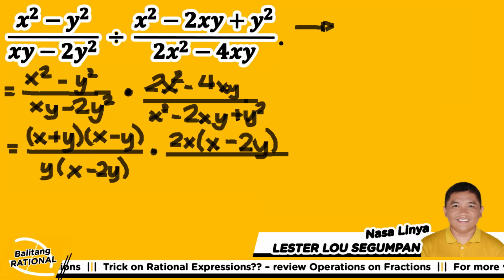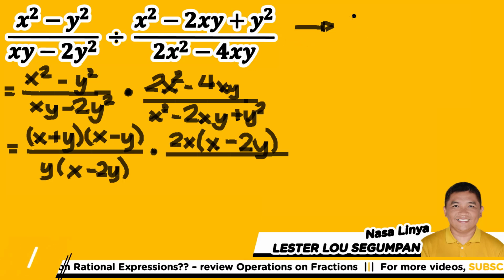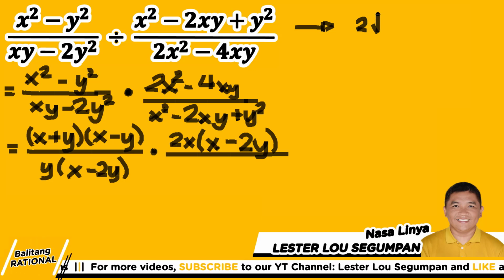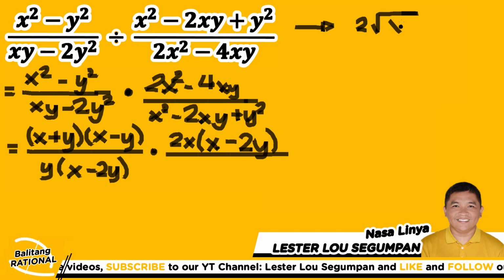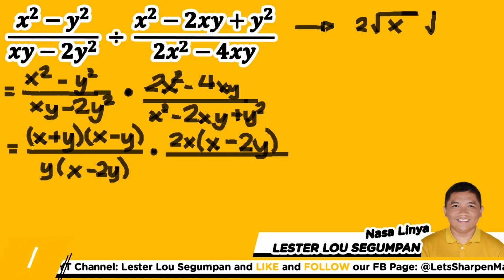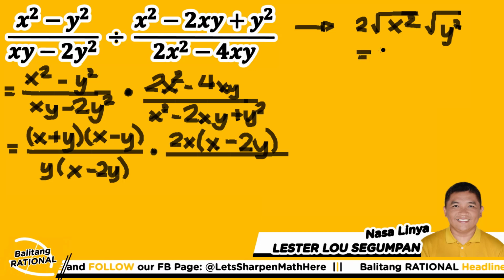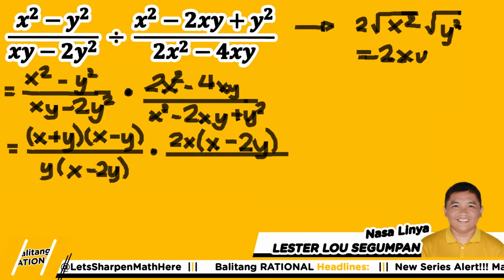We would know this is a perfect square trinomial if the middle term, which is minus 2xy, is the result when we multiply twice the square root of the first term, x squared, and the square root of our last term, y squared. This is equal to 2, and then you have x, and then you have your y.